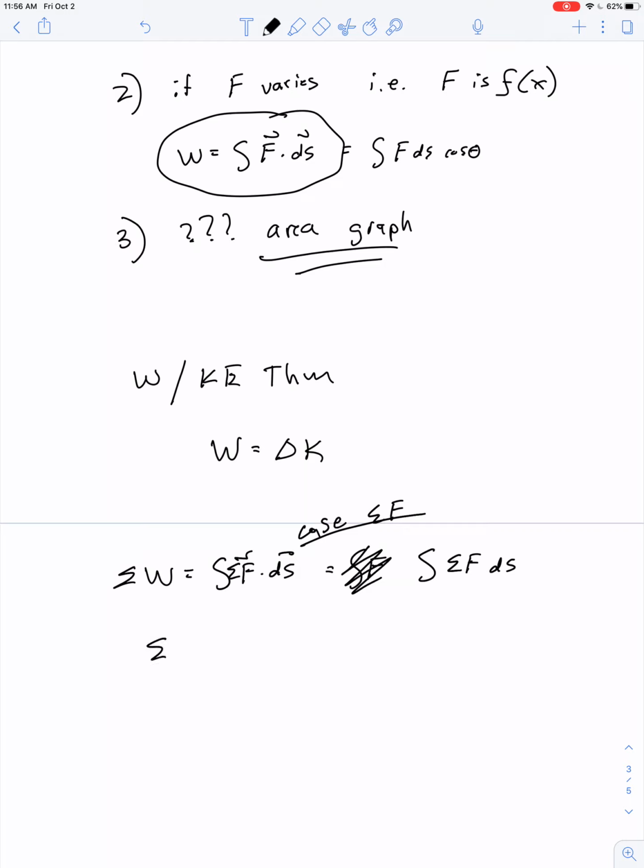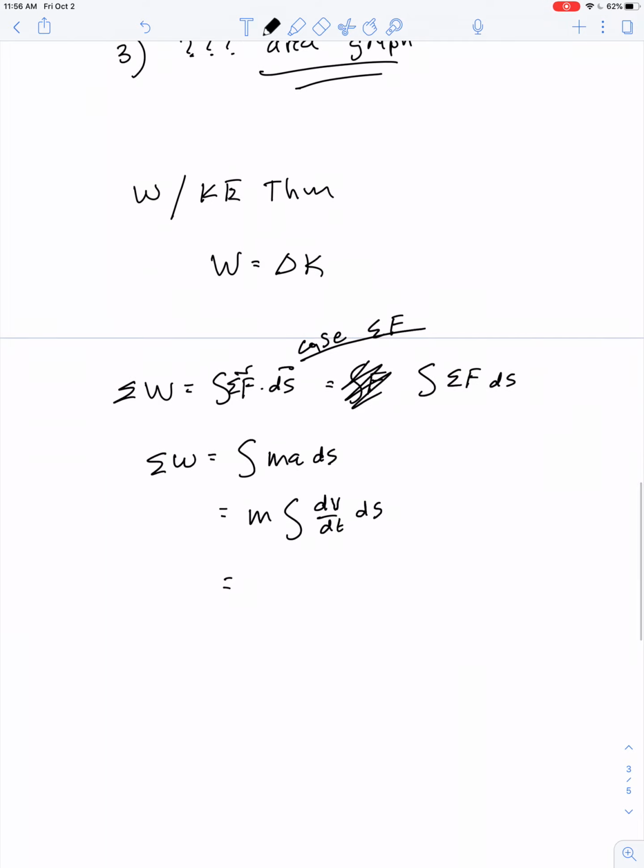All right, that means net work is equal to the integral of ma ds, which is mass times the integral of dv/dt times ds. And we could rearrange that and say that's the integral of dv times ds/dt.